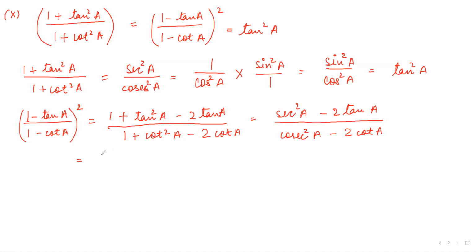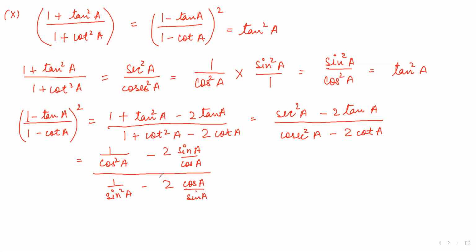Now you convert it into sine and cos. Let's see. It comes out cos square A minus 2 into sine A by cos A, and then divided by 1 upon sine square A minus 2 into cos A by sine A, right? Okay, that becomes, now take LCM.